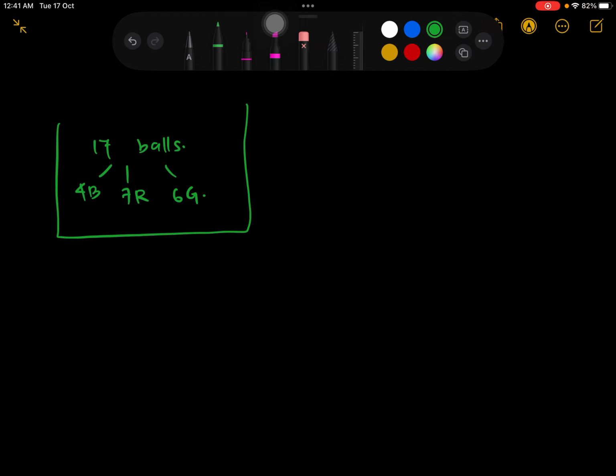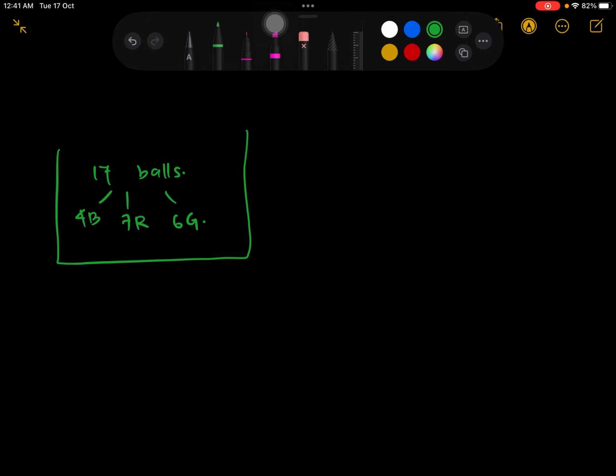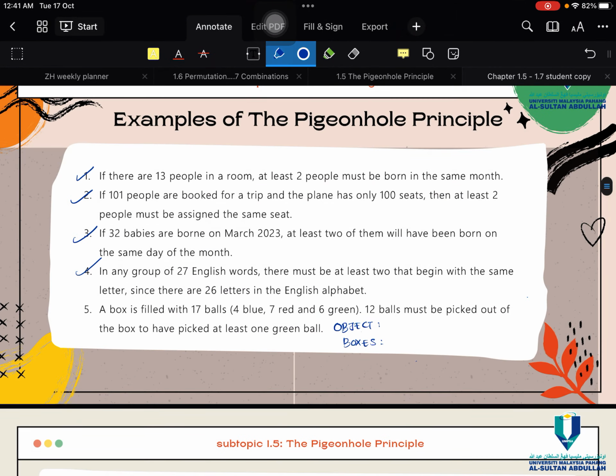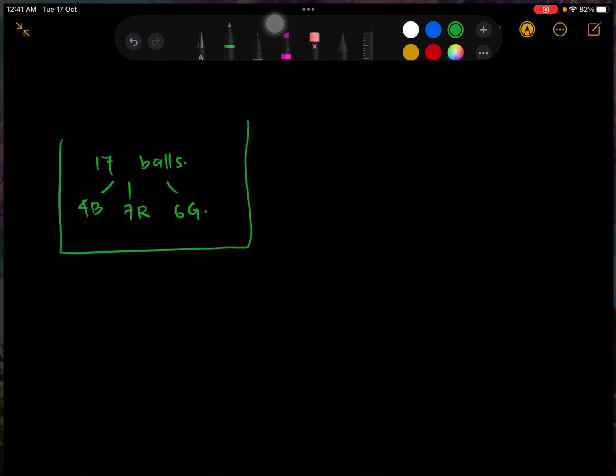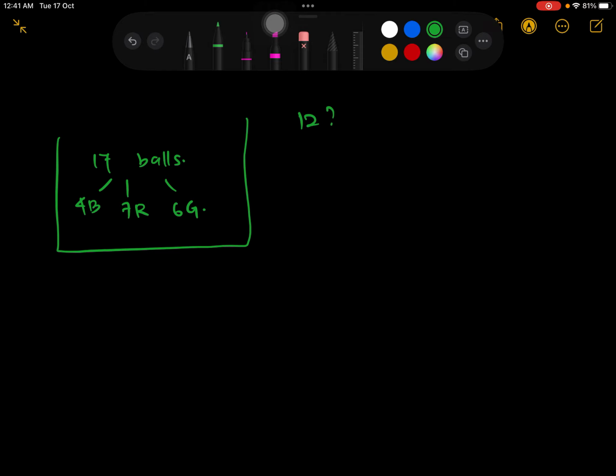So, dia kata 12 biji bola perlu dikeluarkan so that at least 1 green ball is being picked. So how do they know it's 12? How do they know that you have to do 12 picks? Okay, kena draw 12 kali to have at least 1 green ball.